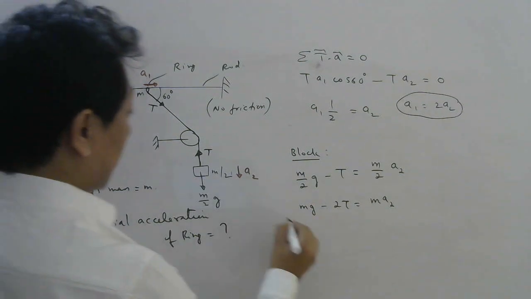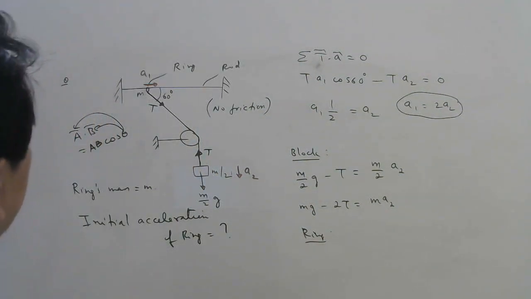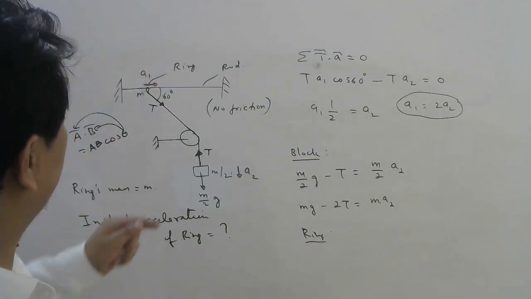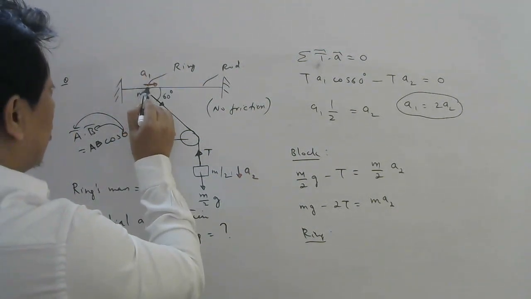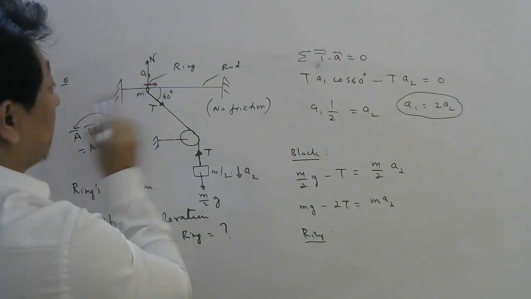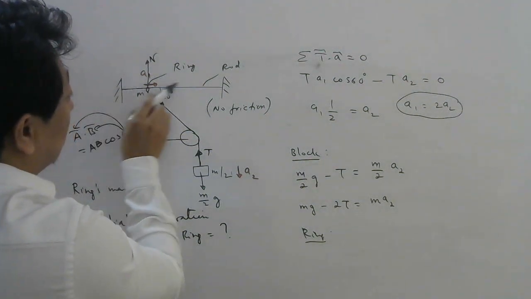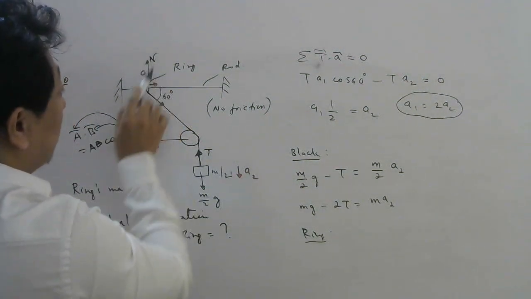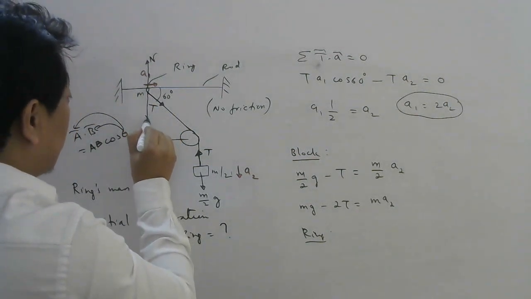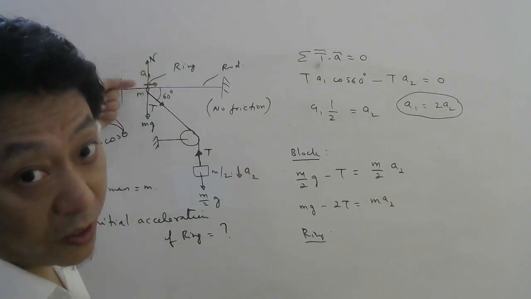Okay, now let us go for the ring. For the ring, remember acceleration is this side. So there will be some normal contact force here, right? And mg will be here. Friction is not there, remember. So which force is creating this acceleration? It is very clear that the normal force will have no component here, and mg also will have no component here.